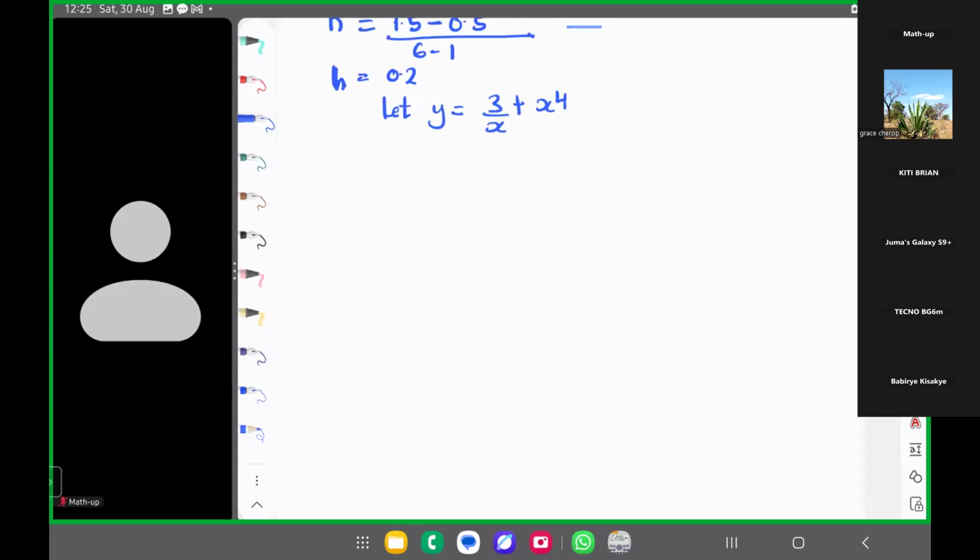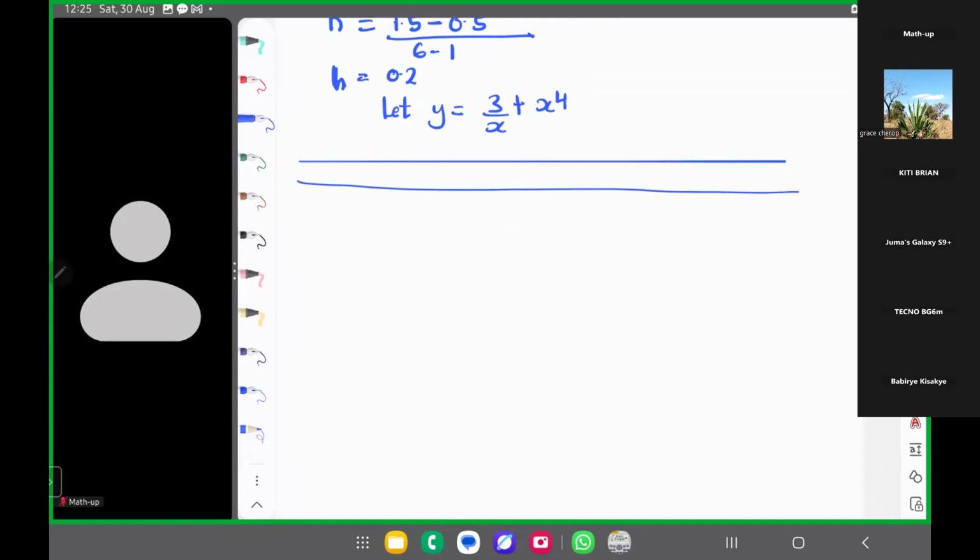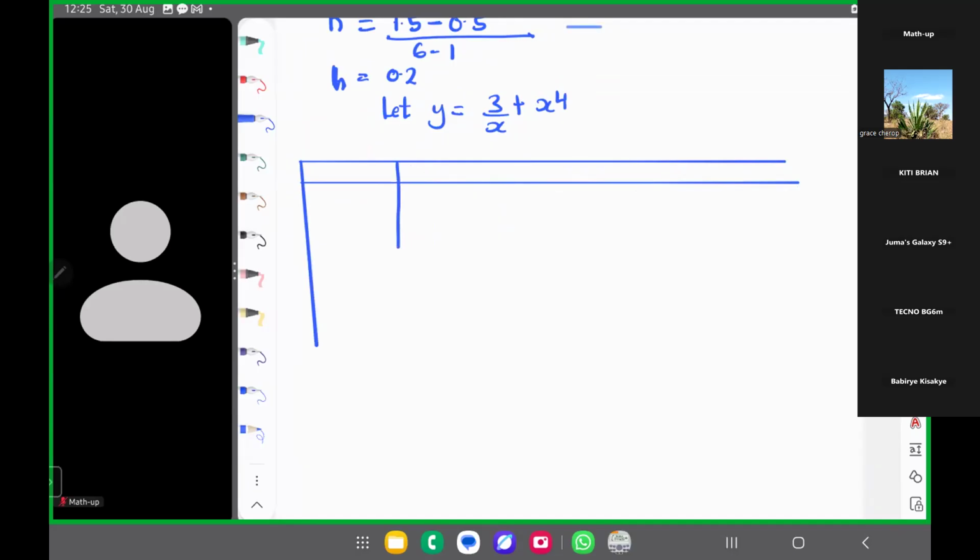Let y be equal to 3 out of x subscript n plus x subscript n power 4.